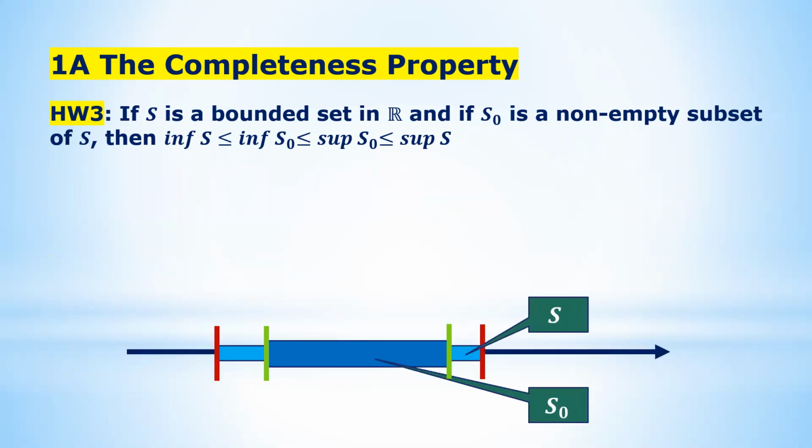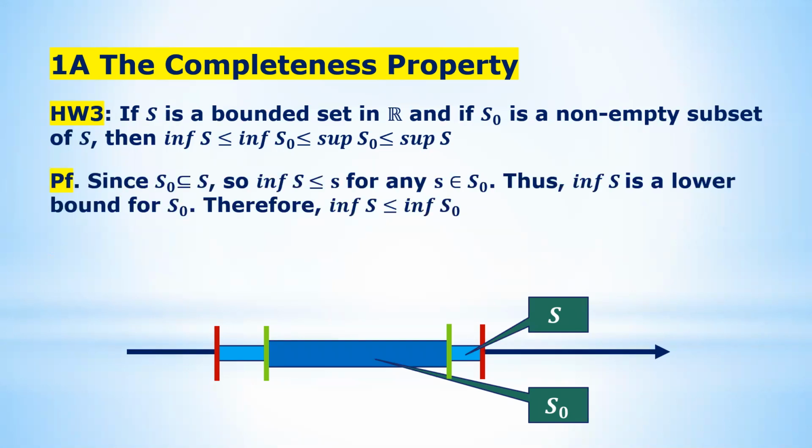I just want to indicate how to arrange the paragraphs. So you're trying to show the left inequality, the first inequality. This was done last time already, so I just copied the last argument. Okay, so this is the first paragraph, showing the first inequality sign.